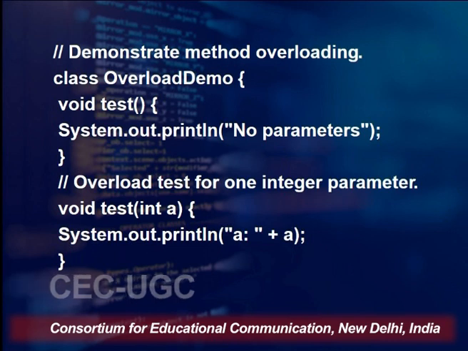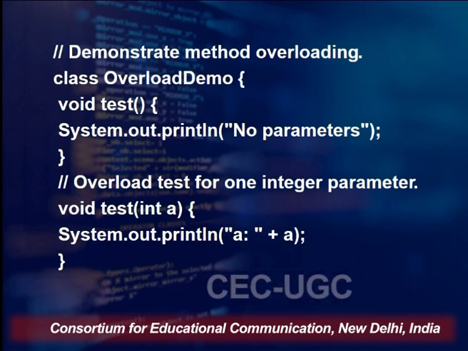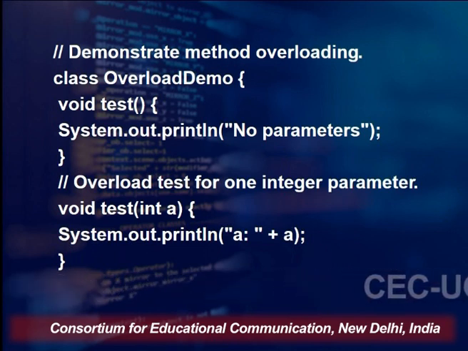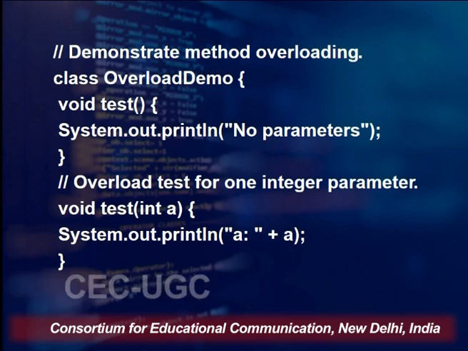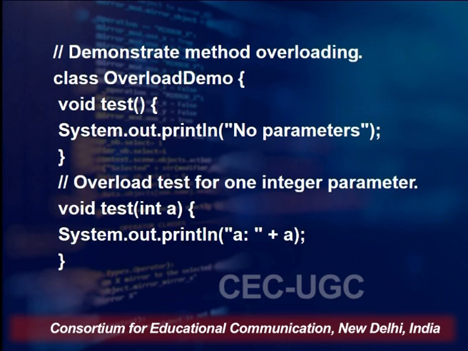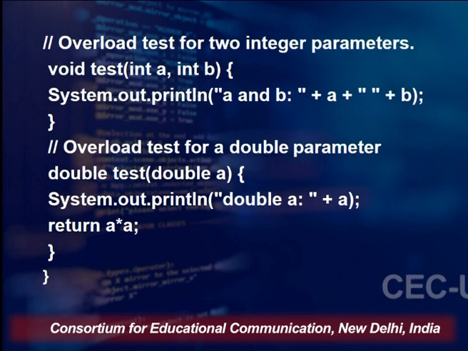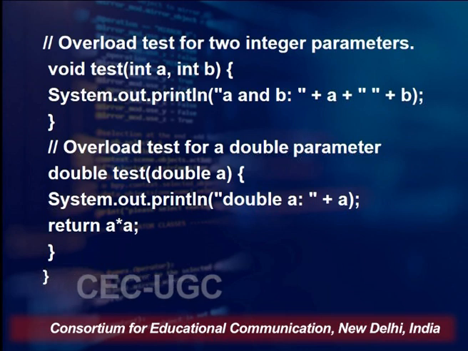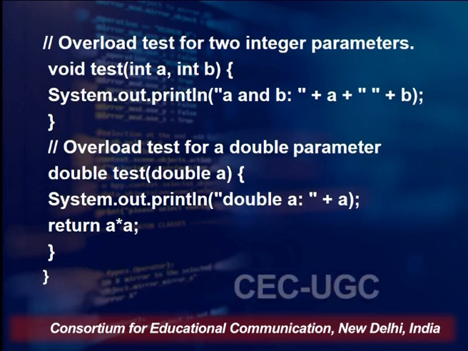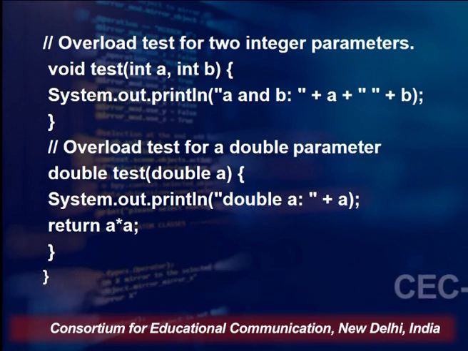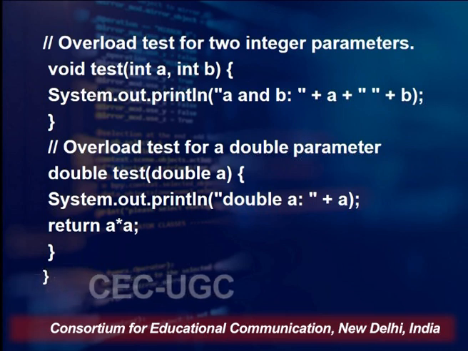Another method with the same name test, that means an overloaded method, having one integer, printing that value of integer. Then another method within the same class with the same name, having two integer parameters, integer a, integer b, printing the value of these two variables.